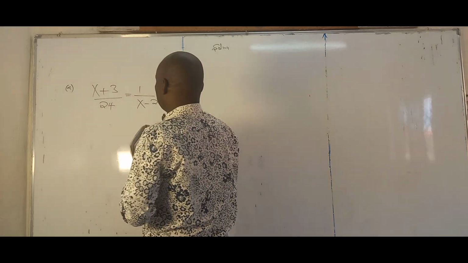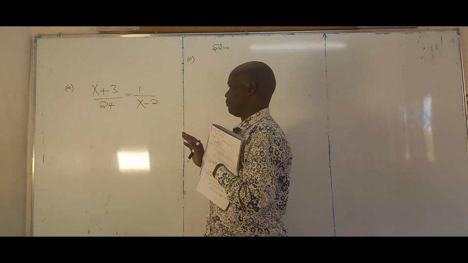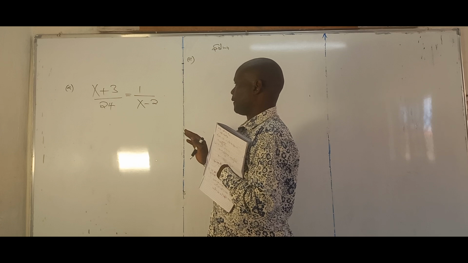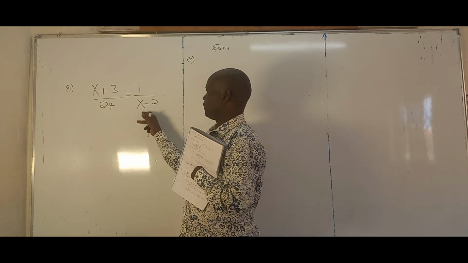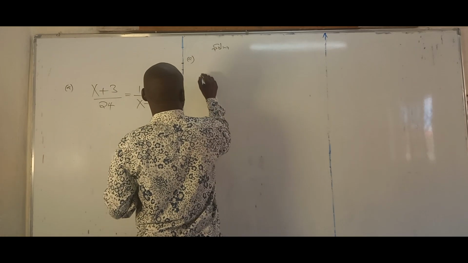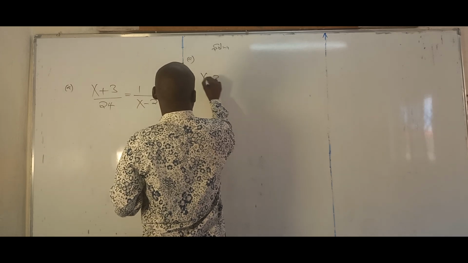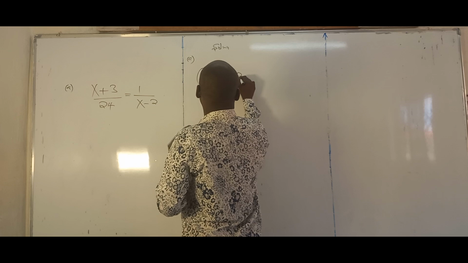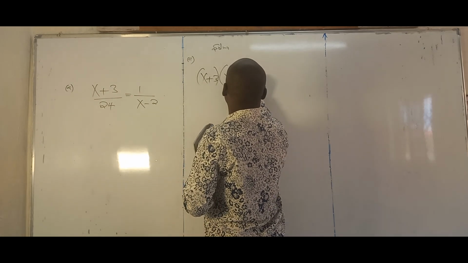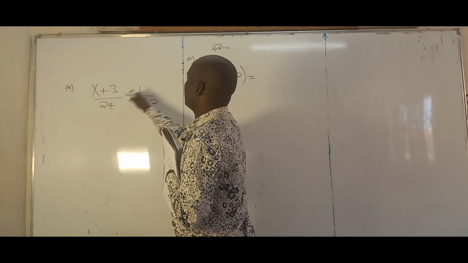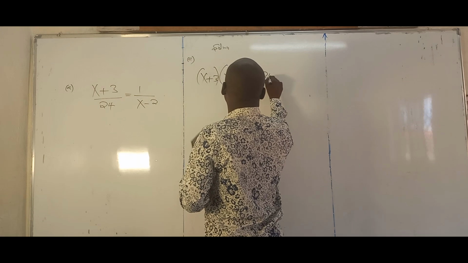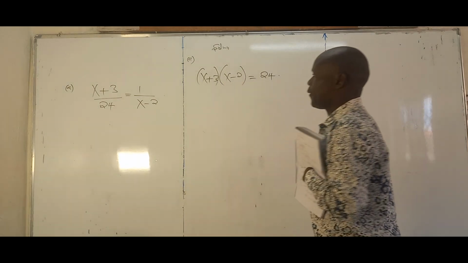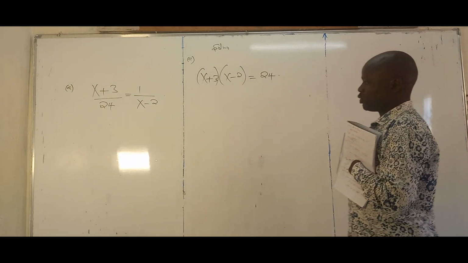So first, what I'll need to do is to cross multiply. I multiply that by that. So that will be (x plus 3) in bracket (x minus 2), which is equal to 24. So the first thing is to cross multiply.